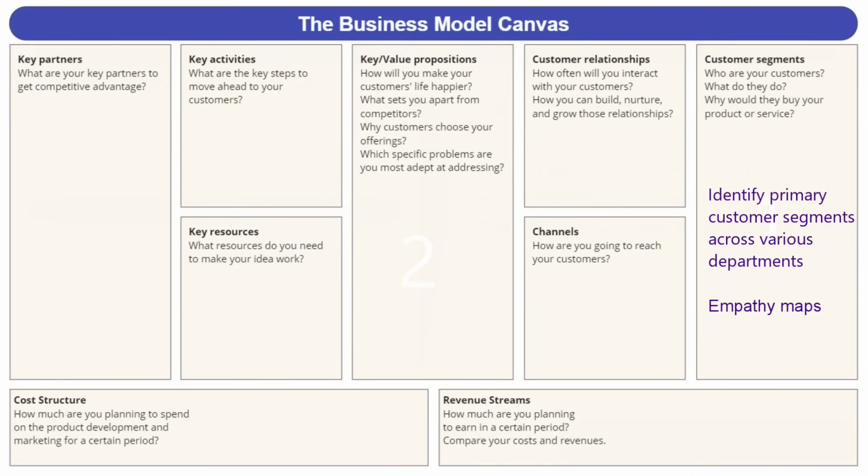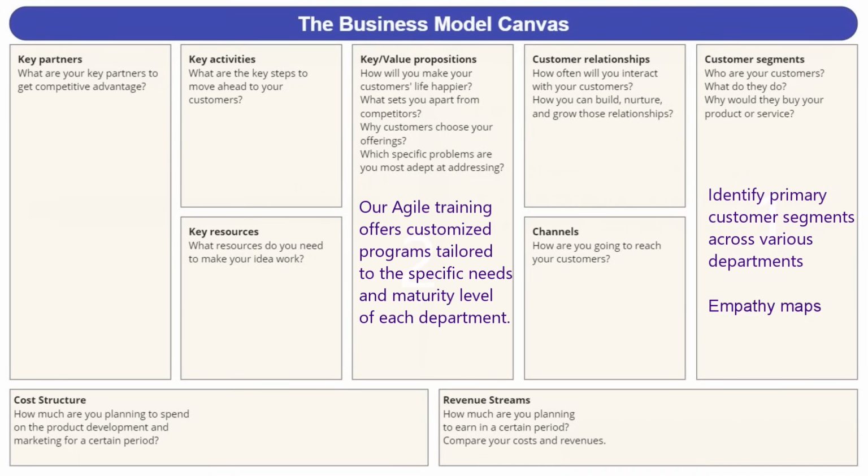For our example, our agile training offers customized programs that are tailored to the specific needs and maturity level of each department. This, for example, includes comprehensive training modules, hands-on workshops, and ongoing coaching support.